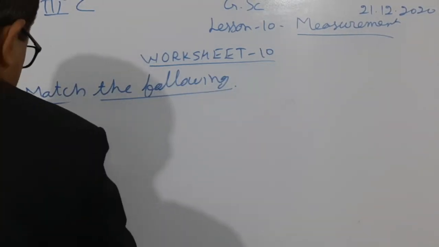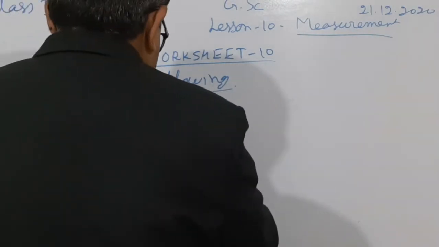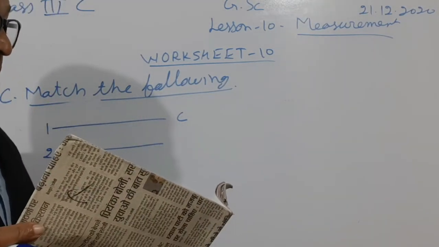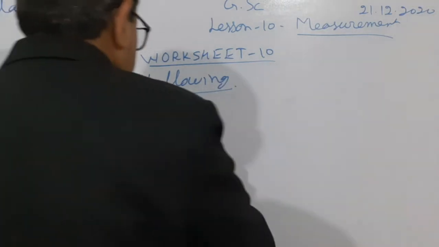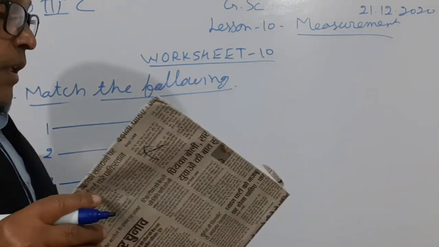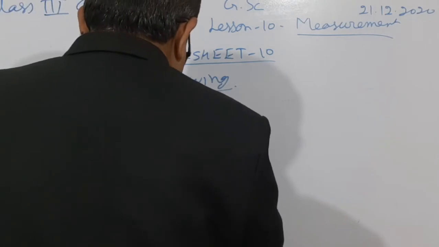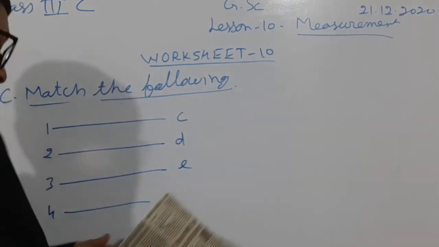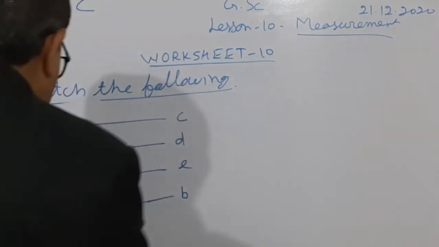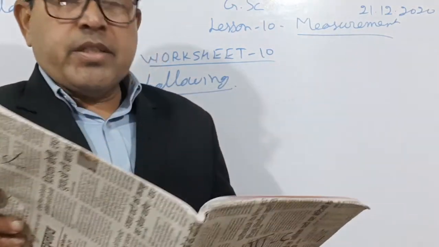This is first: fruits and vegetables are measured in kilograms, so first is C. Second: milk and petrol are measured in liters, so that is D. Third: distance from Delhi to Mumbai is measured in kilometers, that is E. Fourth: temperature is measured in degree, so that is B. And fifth: time is measured in hours, minutes and seconds.